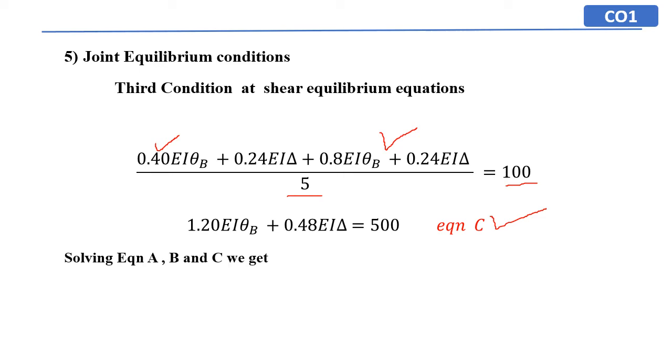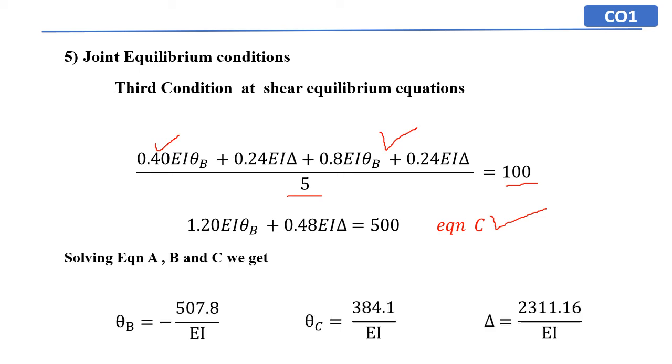Now solving equation A, equation B and C, we get theta B is equal to minus 507.8 upon EI, theta C is 384.1 upon EI, delta is equal to 2311.16 upon EI.